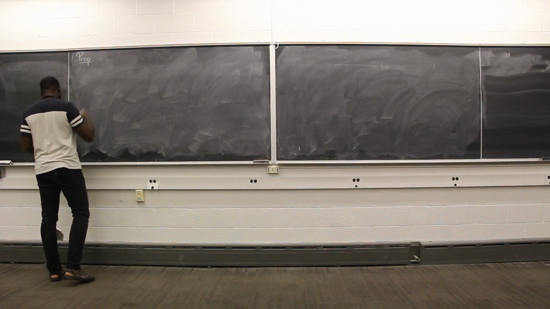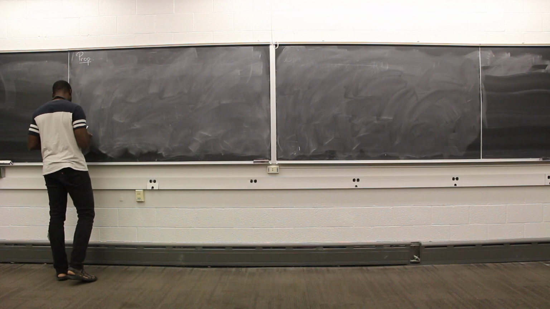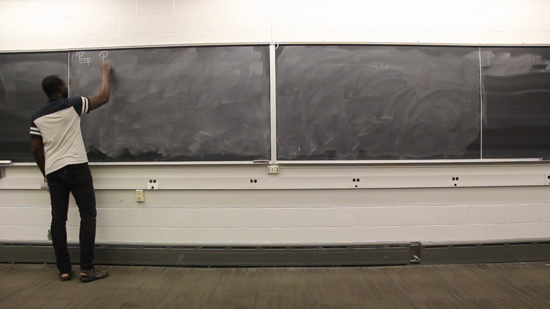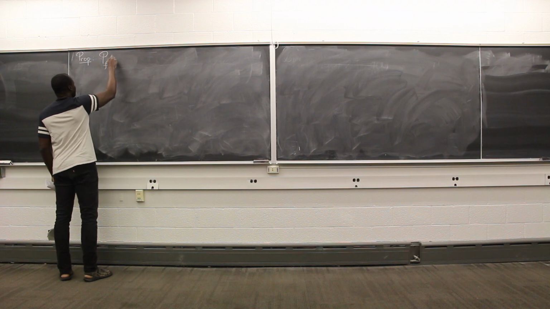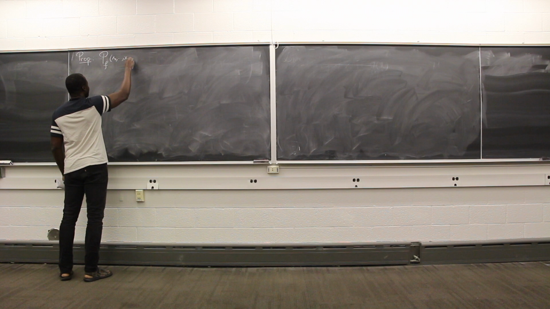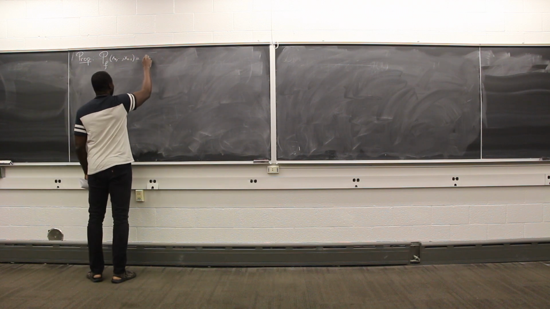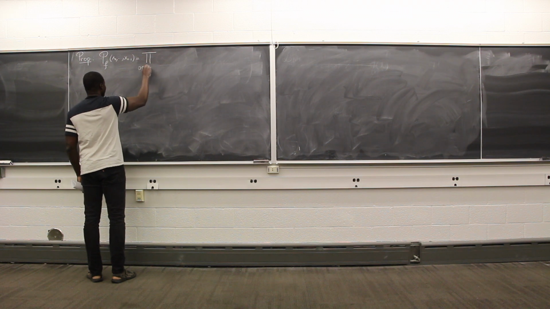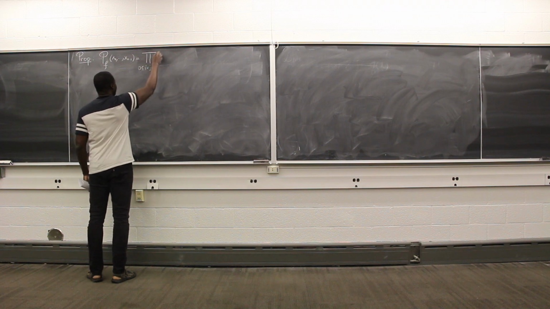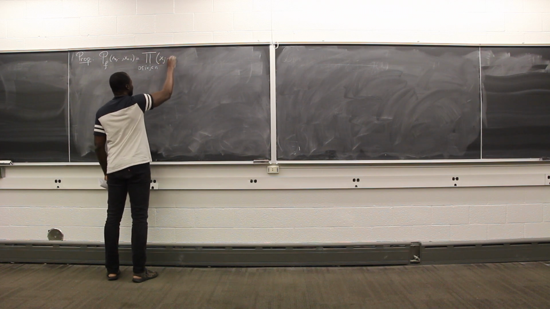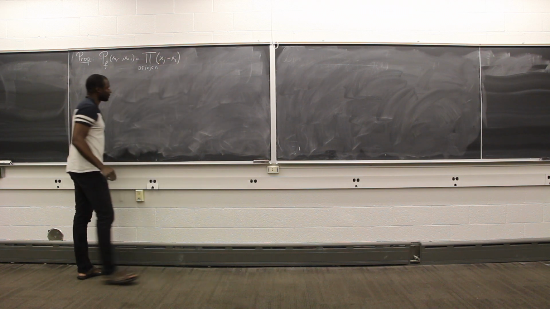Let P subscript F of the variables x0 through x n minus 1, where there's a variable per vertex, be the product over i less than j less than n of x j minus x i.